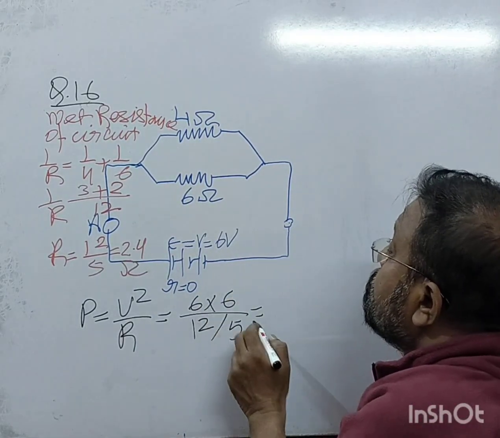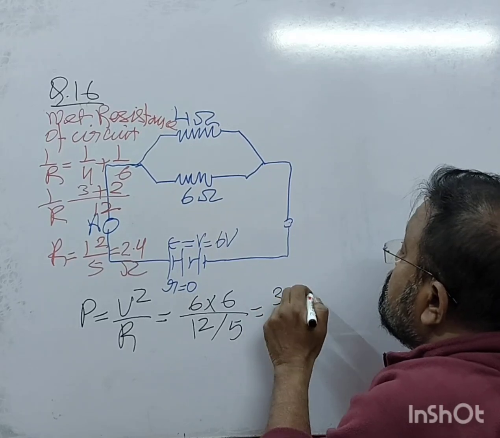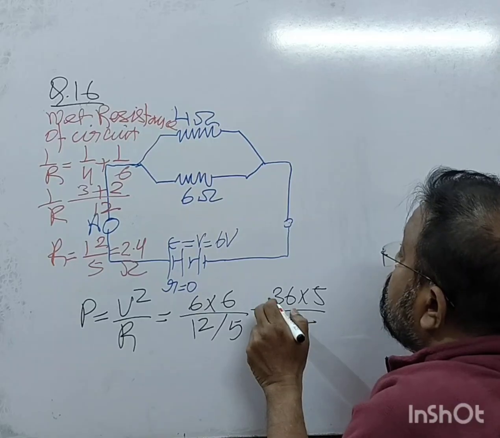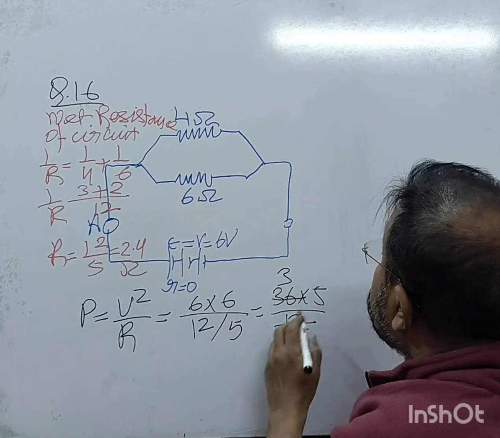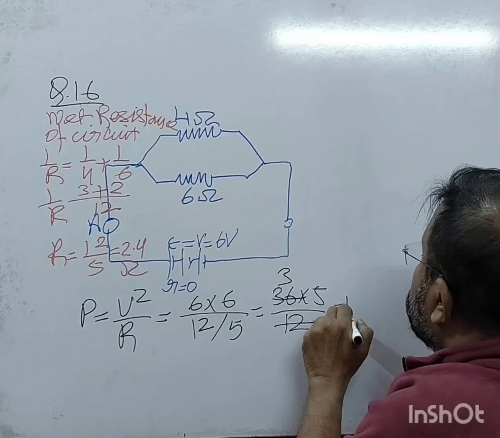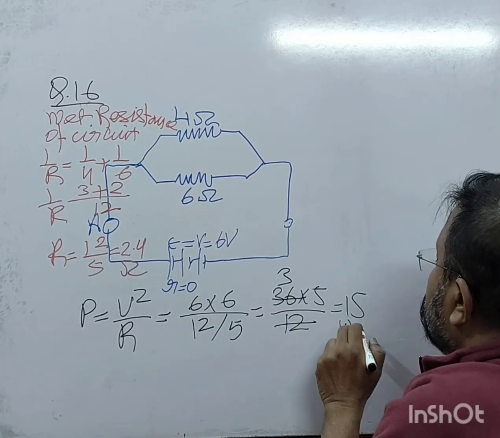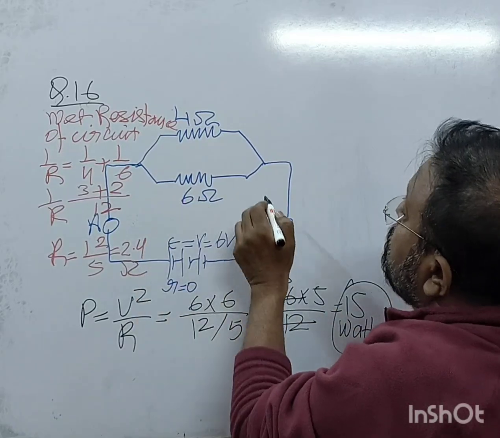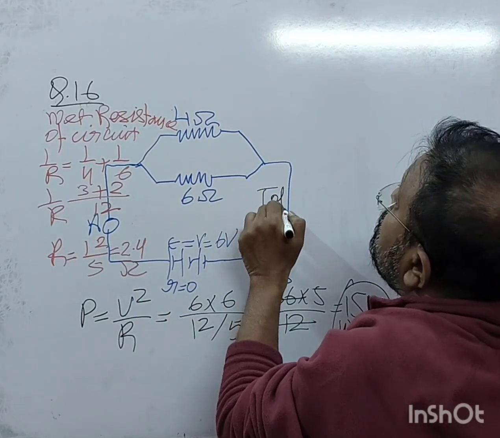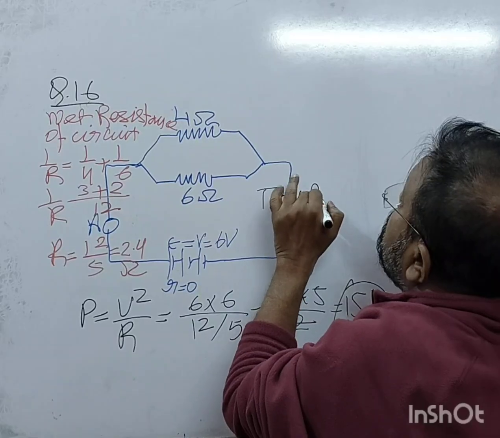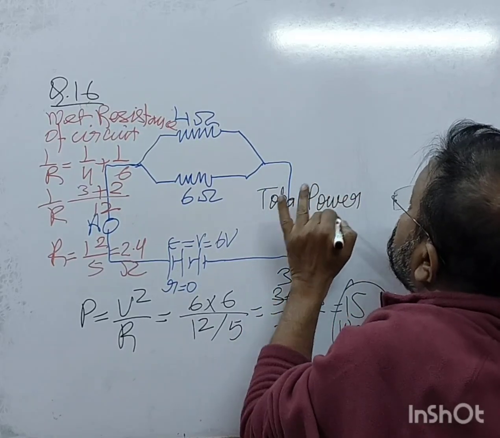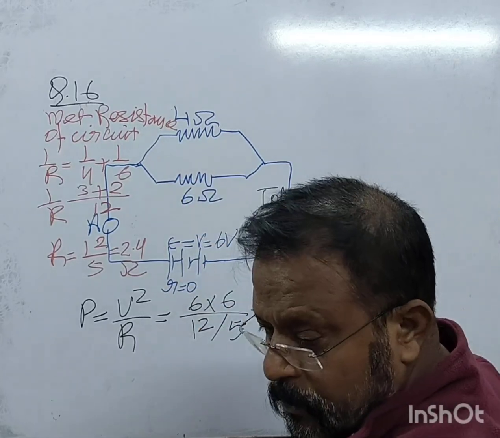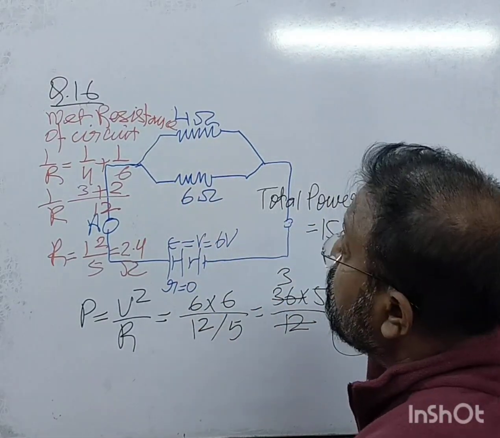So you can get 36 into 5 by 12, 3 times. So 5 times 3 becomes 15 watt. 15 watt total power. Total power is 15 watt.